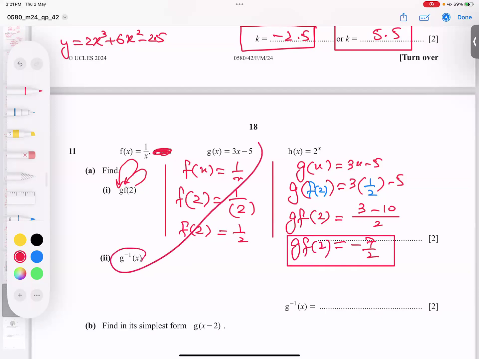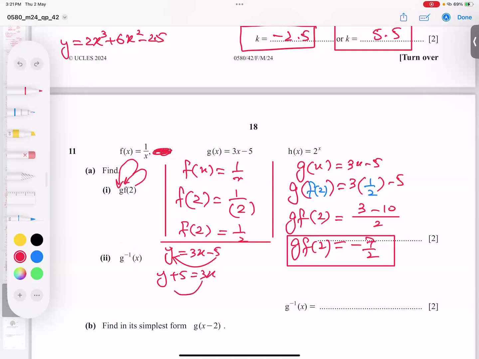Let's talk about G inverse of this function. Step by step, I do it. Step number 1, remove the function name, write Y. So try to make X the subject. So minus 5 will go there and add. 3 multiplied with X will go there and divide.